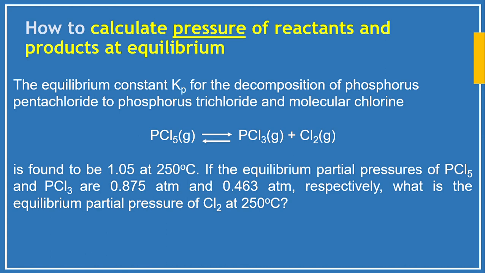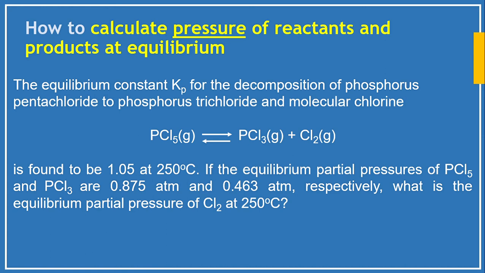So, the equilibrium constant Kp for the decomposition of phosphorus pentachloride to phosphorus trichloride and molecular chlorine is found to be 1.05 at 250 degrees Celsius.